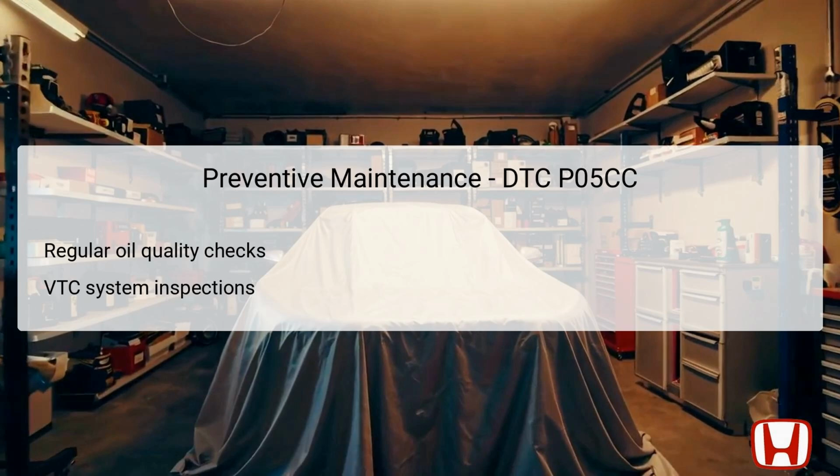Additionally, periodic inspections of the VTC system and its components, such as the oil control solenoid and oil passages, can preemptively identify issues before they escalate to serious malfunctions. It is advisable to adhere to the recommended maintenance schedule to ensure all components operate within specified parameters and to prevent any recurrence of DTC P05CC.